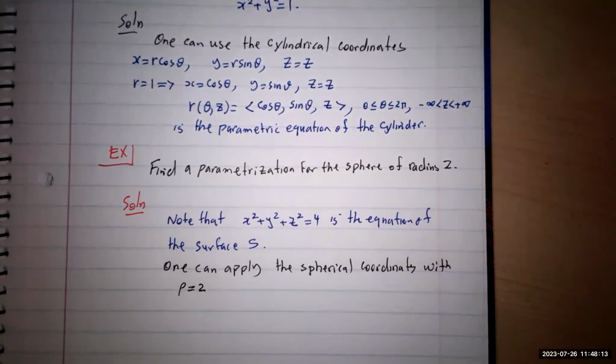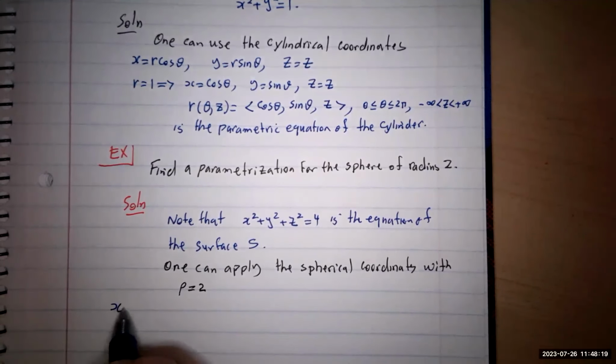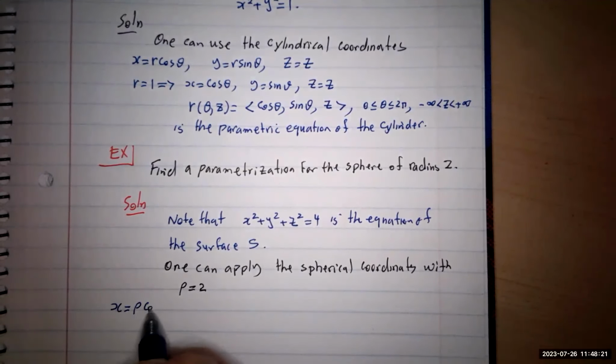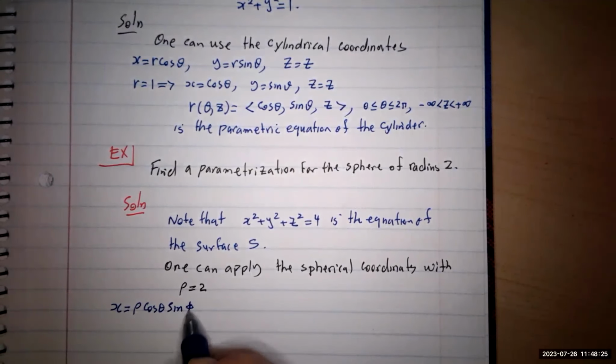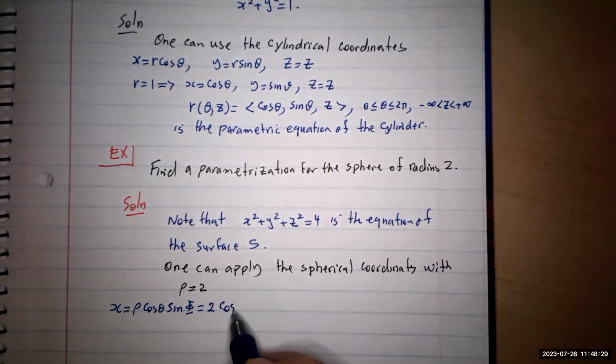So remember the spherical coordinate is this one. You have the x. x is equal to what? Rho cosine of theta times sine of phi. You have the rho, so that would be 2 cosine of theta sine of phi.